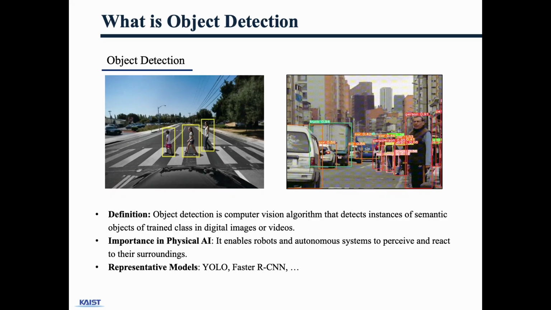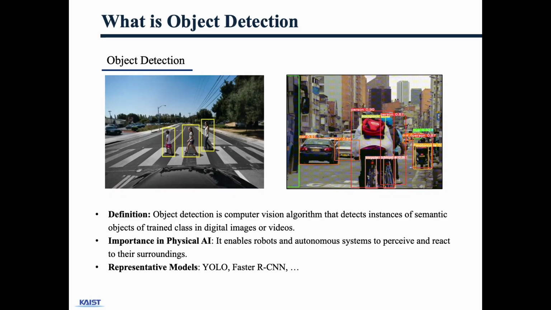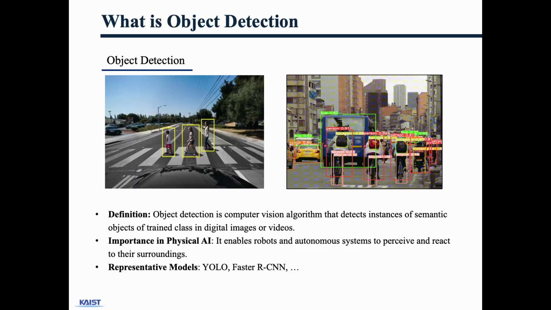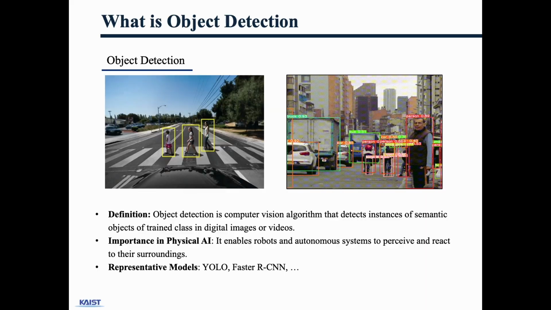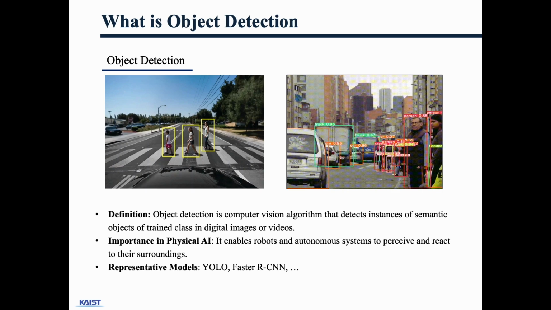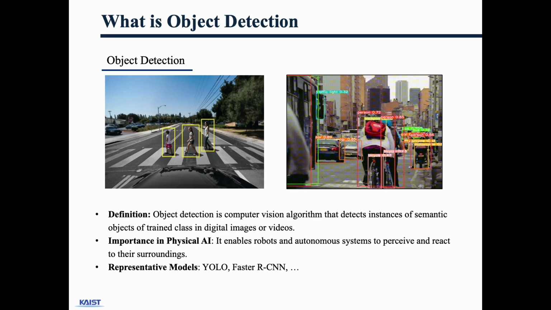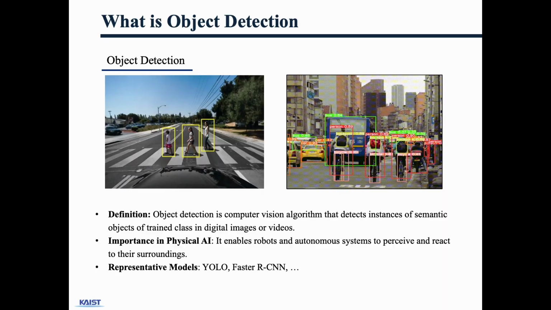Faster RCNN performs object detection by first finding out regions where there might be predefined objects. It has a network that finds region proposals, and from that region, it does classification. So it is a two-stage process. YOLO is a one-stage detector. It finds the region and also classifies it simultaneously.